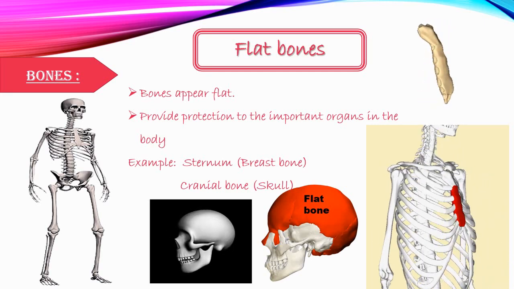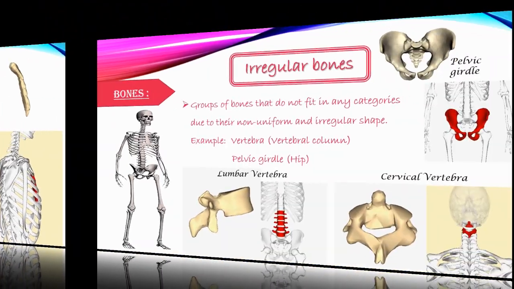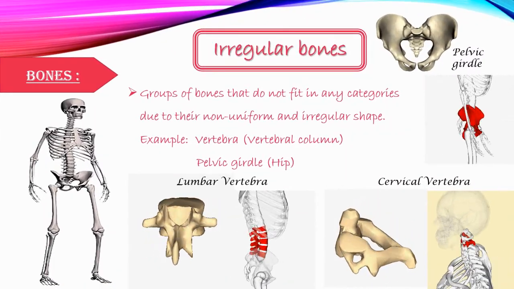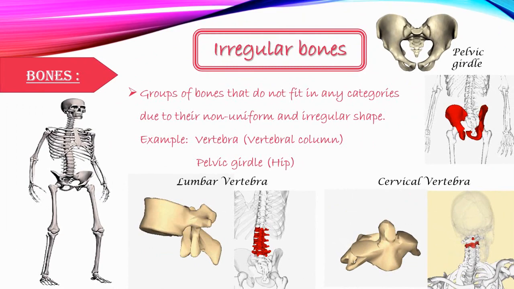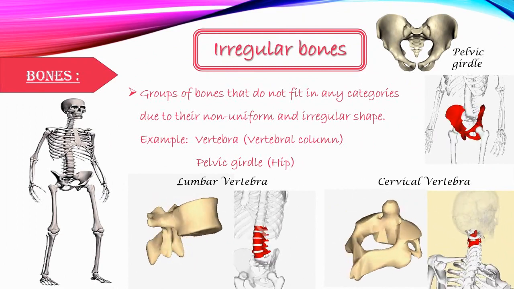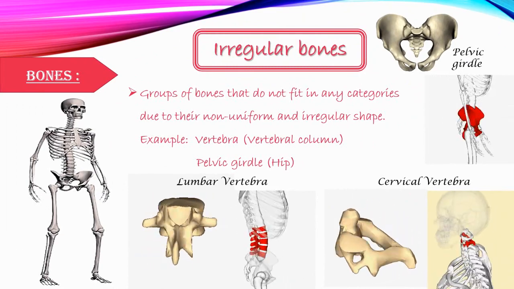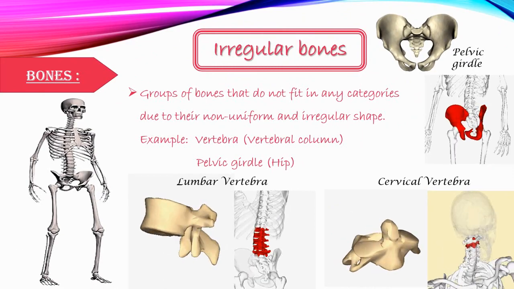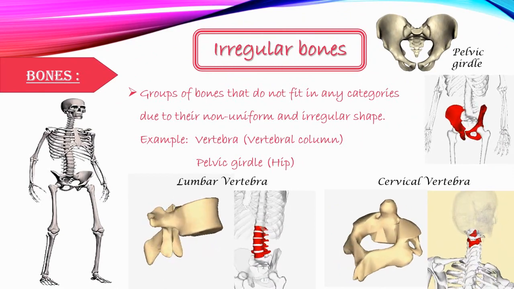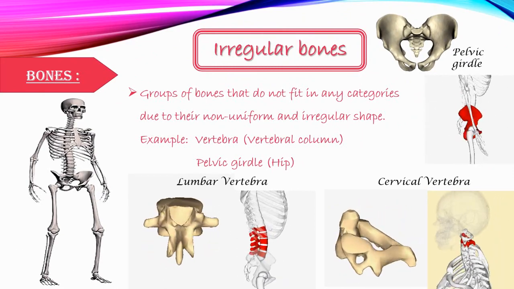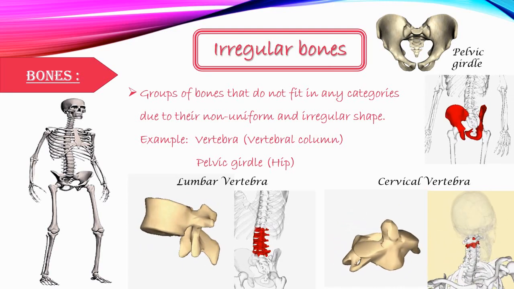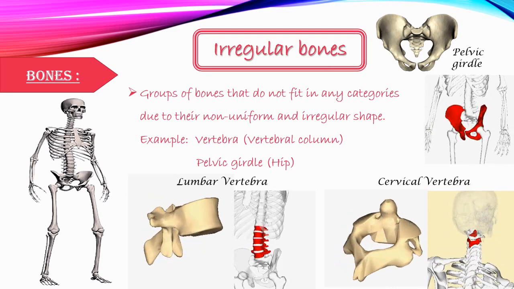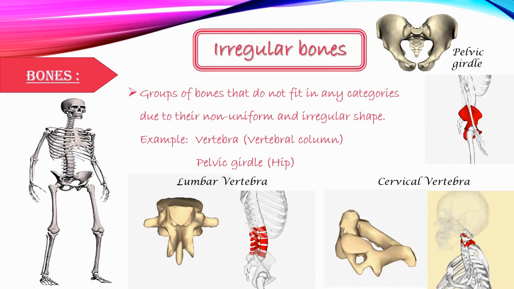Now let's see what irregular bones are. These are groups of bones that do not fit in any of the above mentioned categories due to their non-uniform or irregular shape. For example, the vertebrae forming the vertebral column and the pelvic girdle forming the hip.